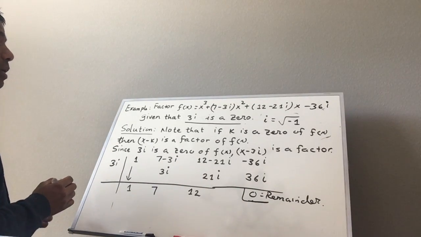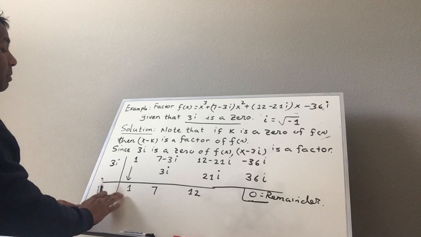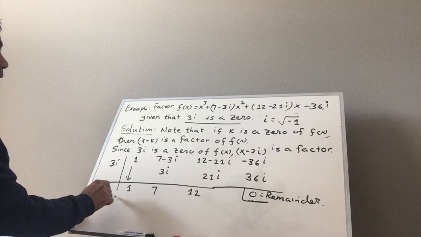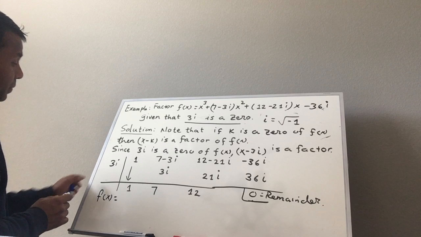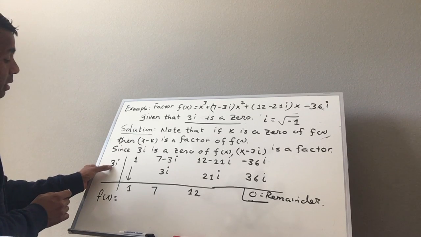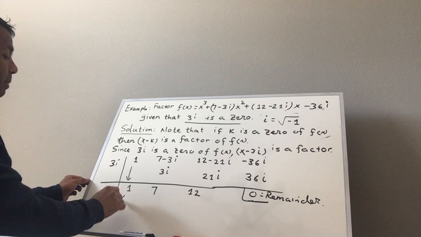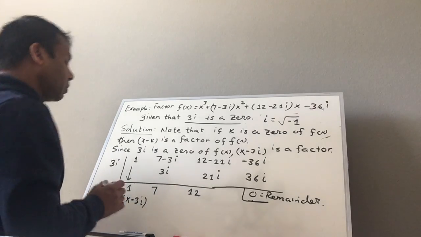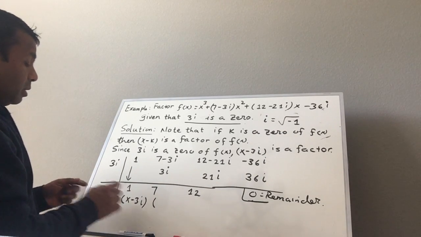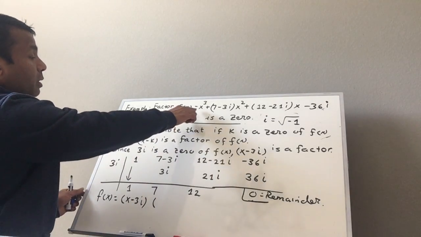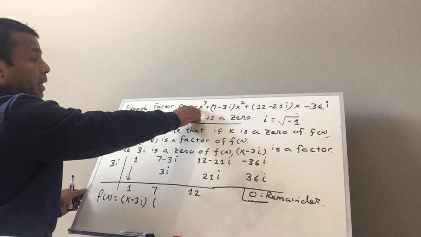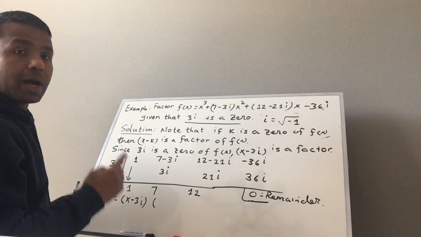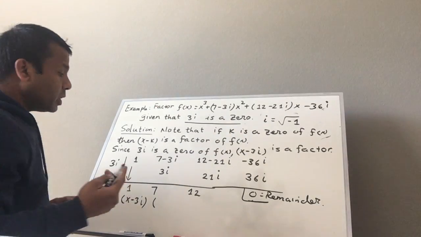So now if you use the division algorithm, the division algorithm tells you the dividend, which is your f(x), is divisor times quotient plus remainder. And you see here, your divisor is x minus 3i. So what is the quotient here? The degree of the dividend is 3, so the degree of the quotient will be 1 less than 3, which is 2.